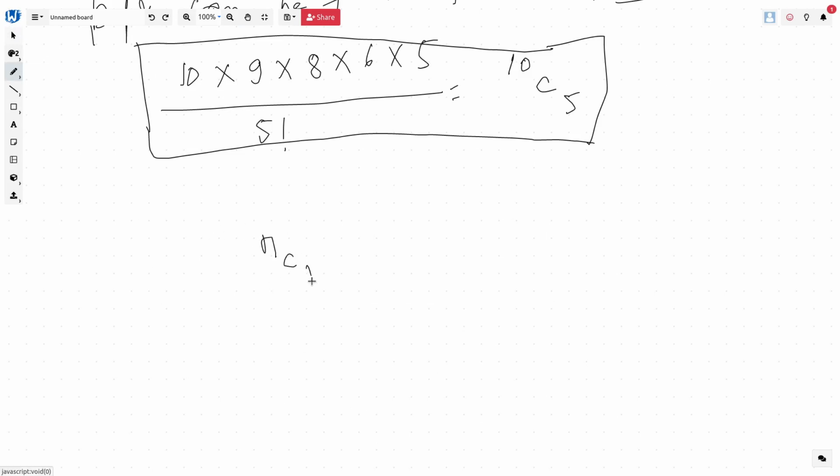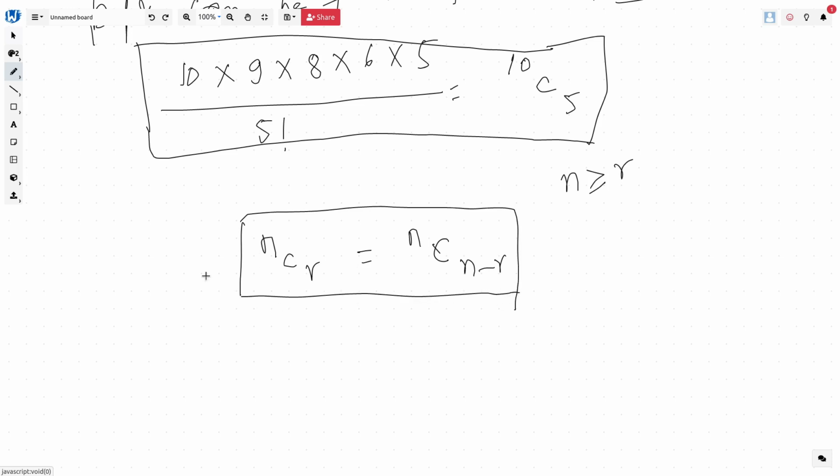So we say nCr is always the same as nC(n minus r), where n is greater than or equal to r. This is one identity commonly used in mathematics, but you can experiment with more such identities used in nPr and nCr, and we'll go through them in our various problem sessions.